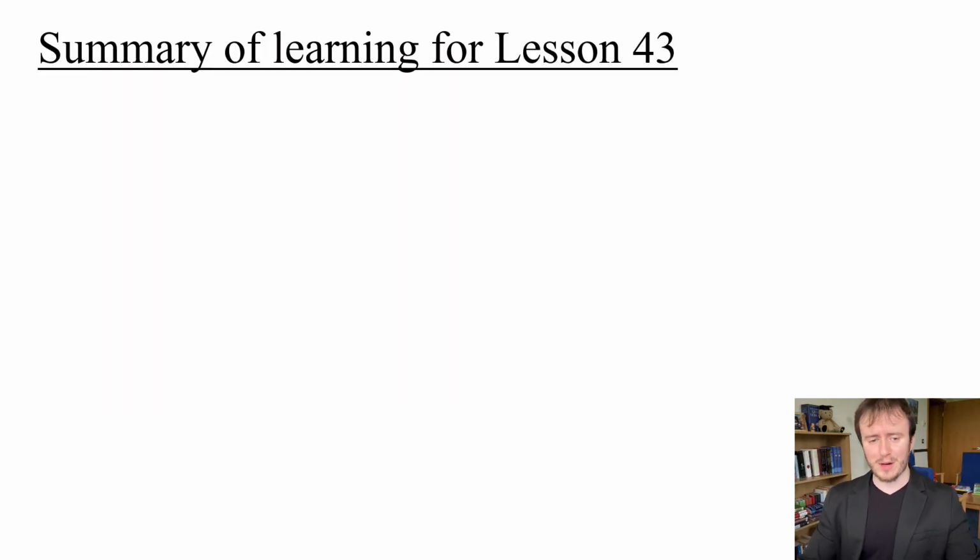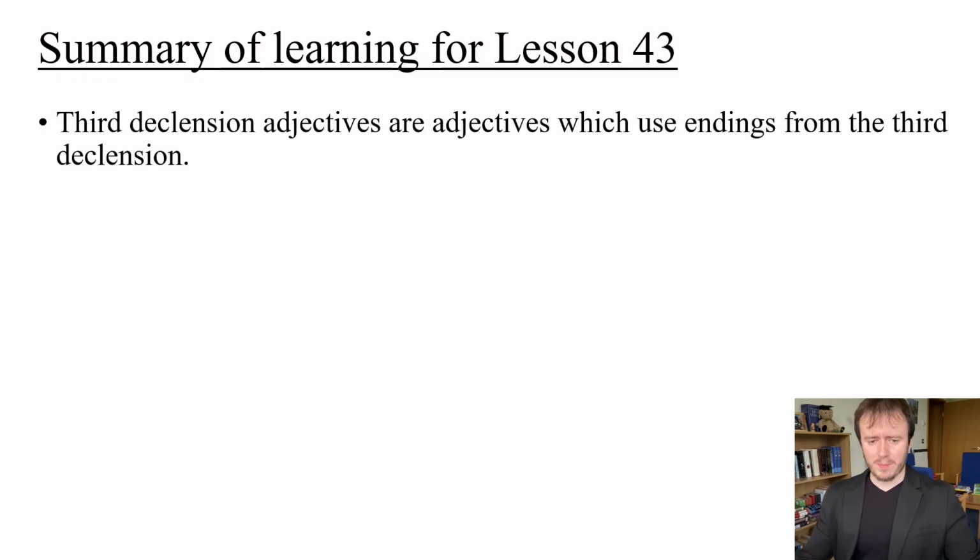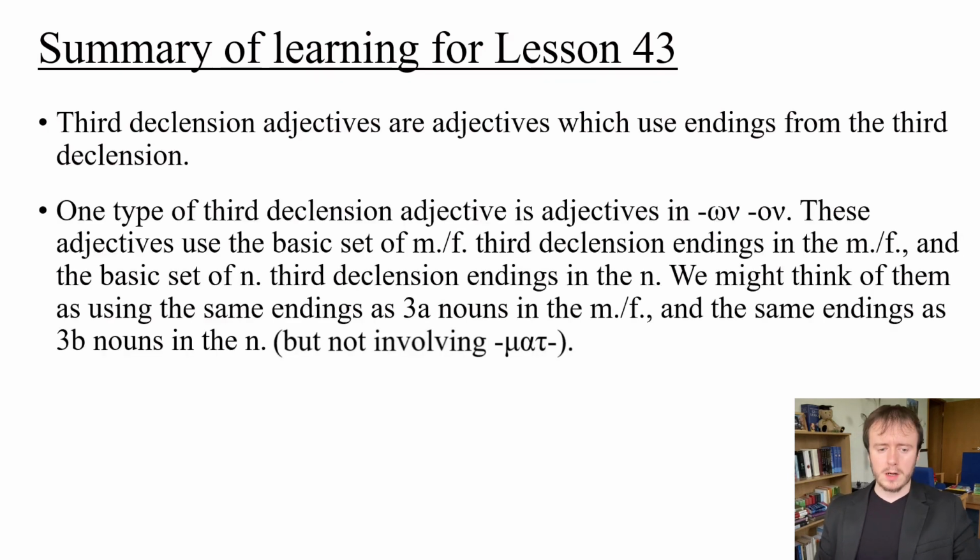Okay, that brings us to a summary of our learning for lesson 43. To summarise, third declension adjectives are adjectives which use endings from the third declension. One type of third declension adjective is adjectives in on. These adjectives use the basic set of masculine/feminine third declension endings in the masculine/feminine, and the basic set of neuter third declension endings in the neuter.